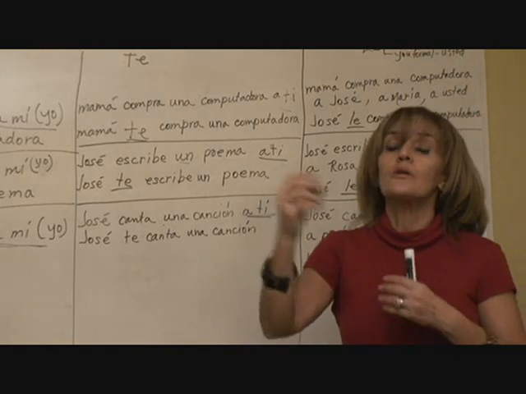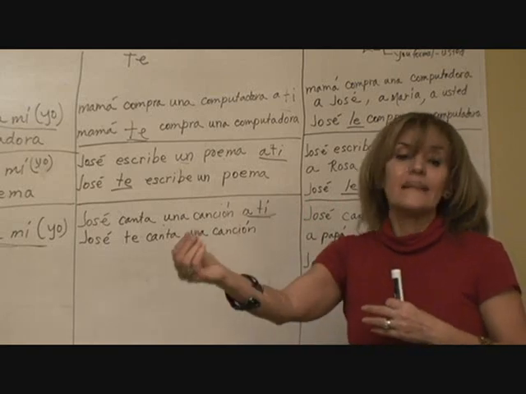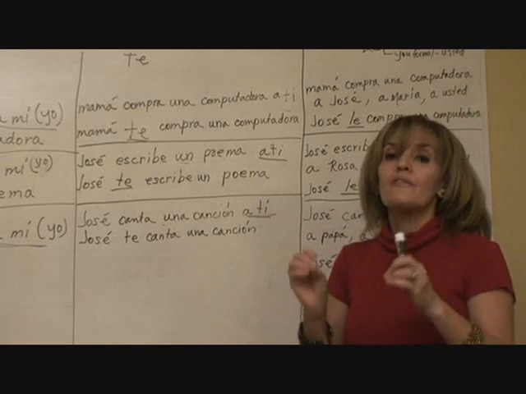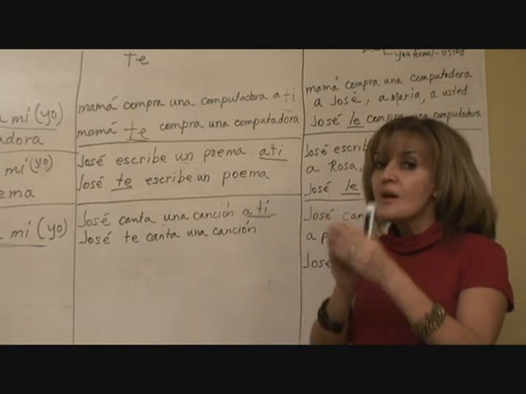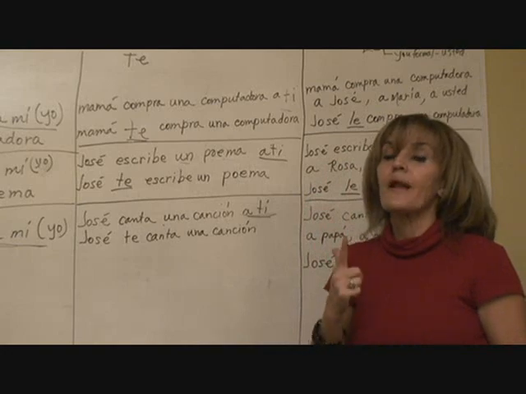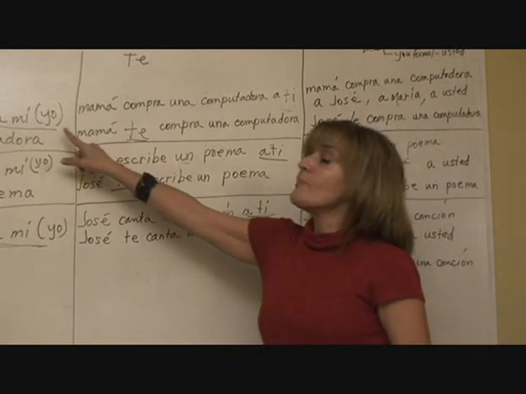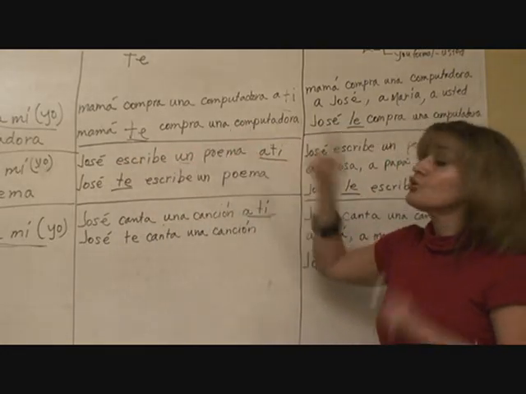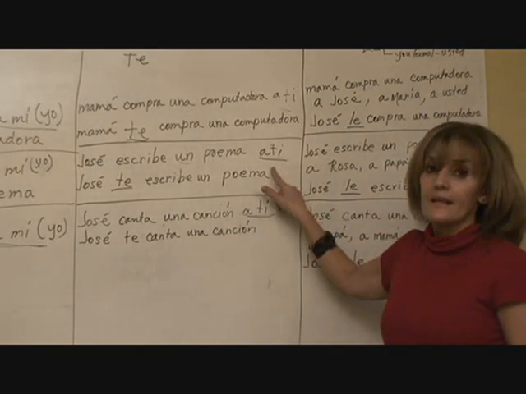Instead of tú, you say a ti. You don't say a tú. Most of the time, when there is a preposition just before the first and second person singular pronouns, the yo becomes mí, M-I, and the tú becomes ti.